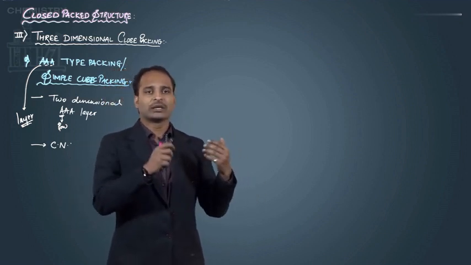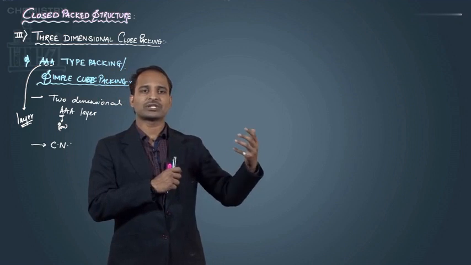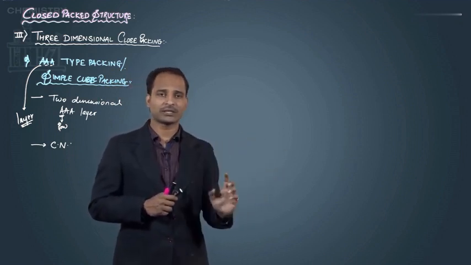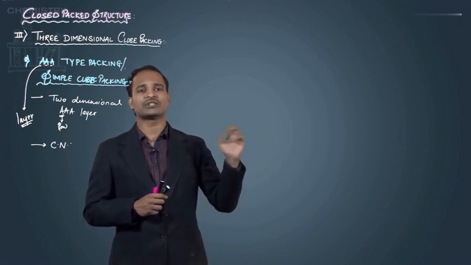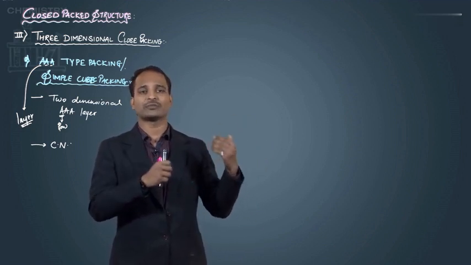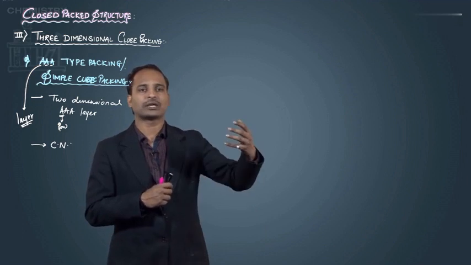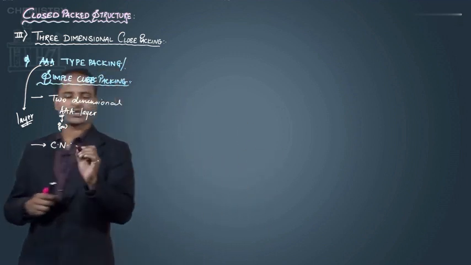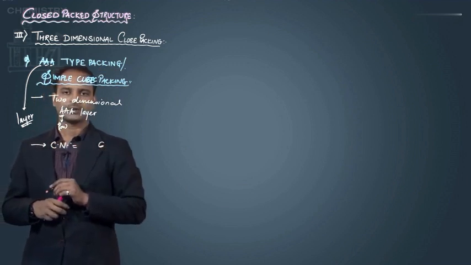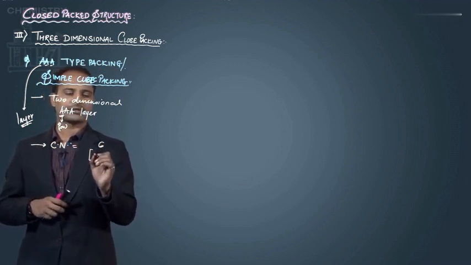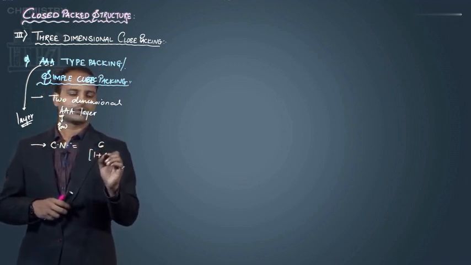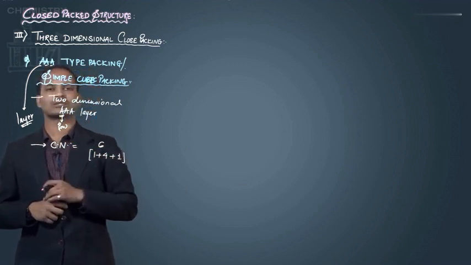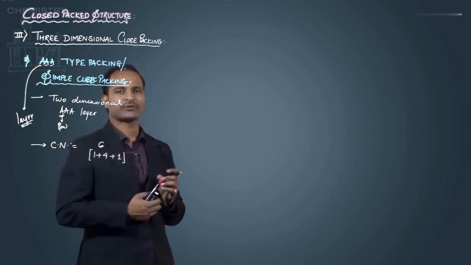Plus there is one more particle touching it from the upper layer also. So the coordination number here is 6, which can be written as 1 from the upper layer, 4 from the same layer, and 1 from the lower layer. Hence the coordination number is 6.